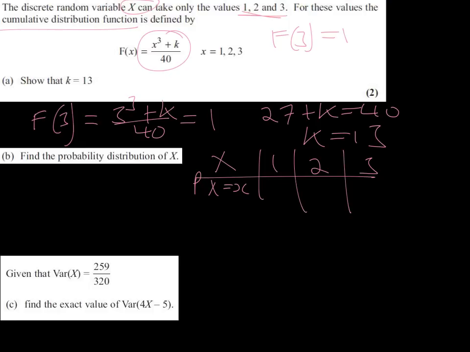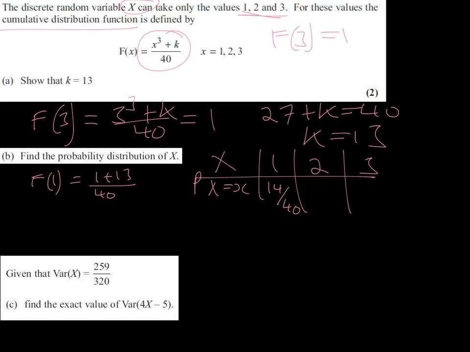So the first part is fairly straightforward because we should be able to recognise that f of 1 just represents the probability that x is equal to 1, because 1 is the first piece of data, so the individual probability that x equals 1 will also be the same as the cumulative distribution function. So we're just going to substitute in here 1 cubed, which is 1, plus the value of k, which we said is 13, and set that over 40. So f of 1, therefore, is going to be 14 over 40.